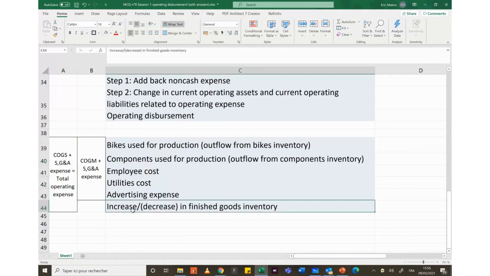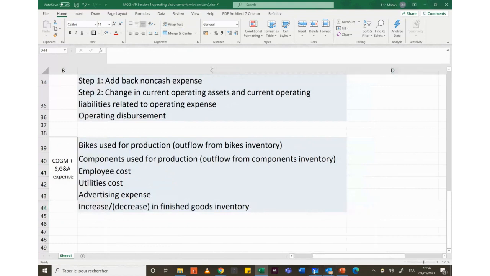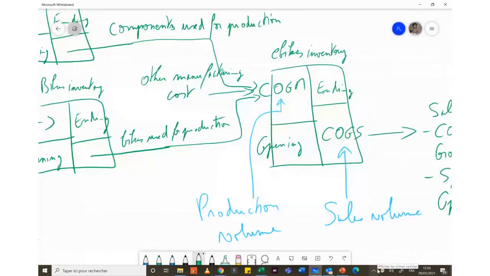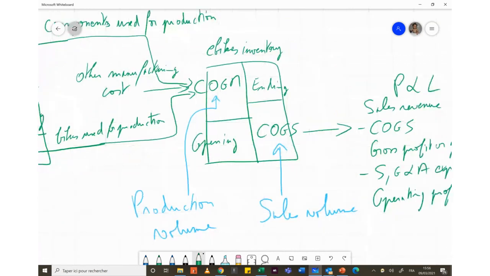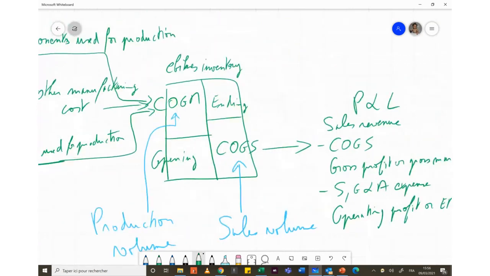Okay, because I need the cost of goods sold. So with the ending minus opening, I have the increase. So here I can say, change the color, I put this one in blue. The cost of goods sold is equal to the cost of goods manufactured.